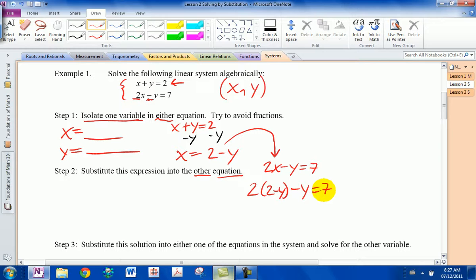Now we have to do our algebra and solve. Now don't forget, when you have brackets, and I know you guys are sometimes careless with that, you have to multiply the 2 into both parts. It's 2 times 2 and 2 times negative y. Solve for y now, please. Go. Let's test your solving skills.